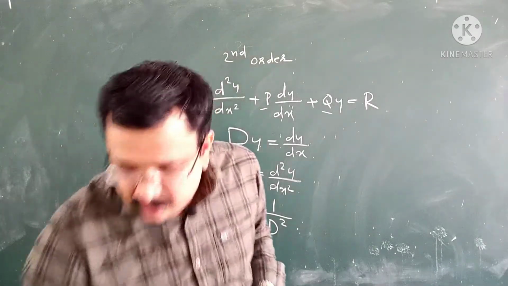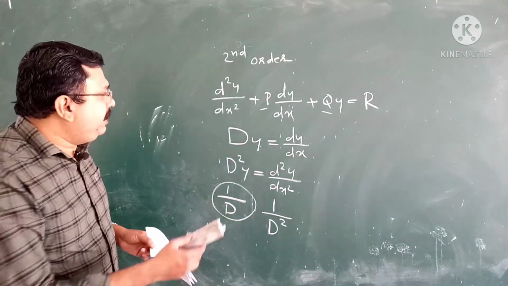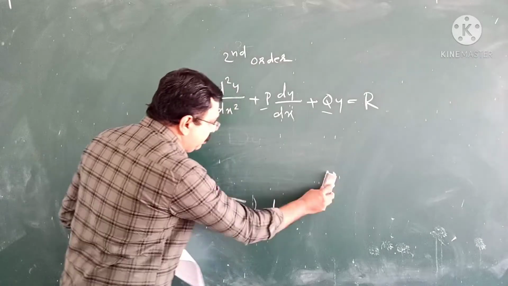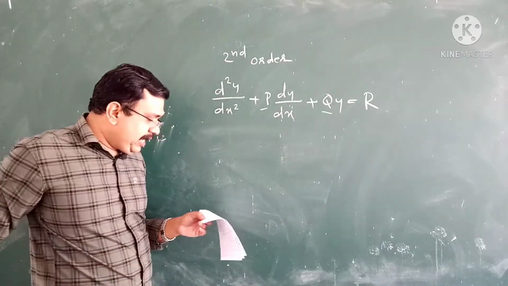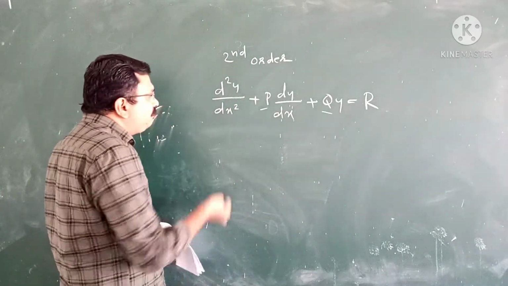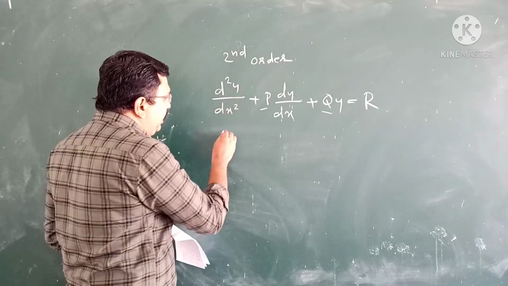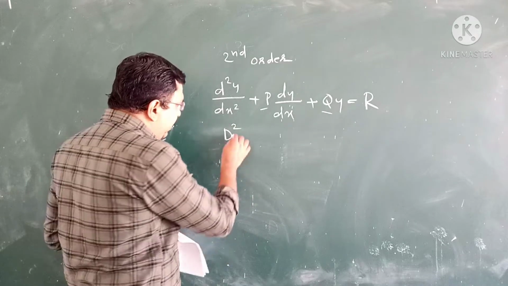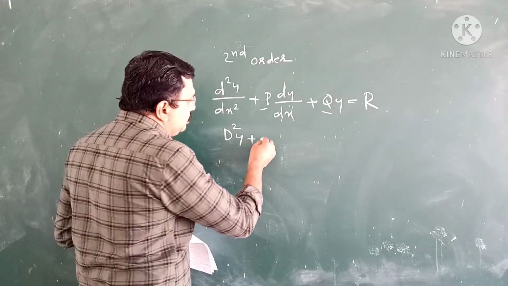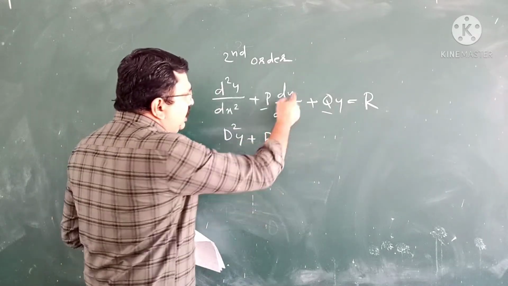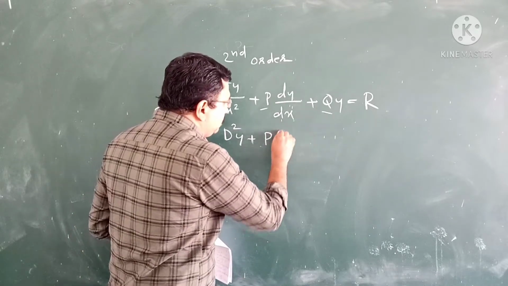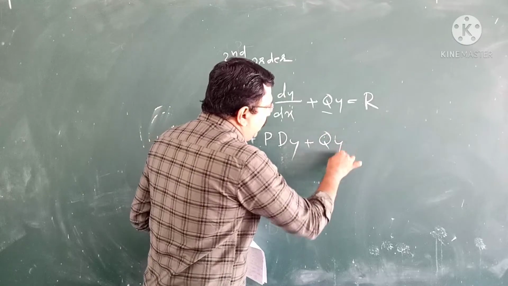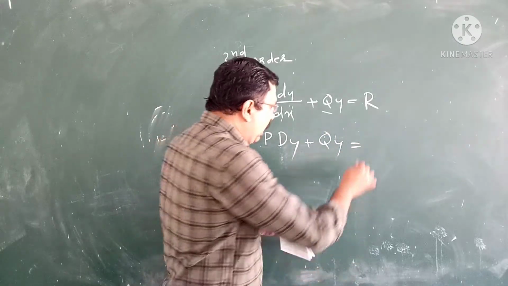Now this equation can be written in the form D²y + p Dy + q y = r.